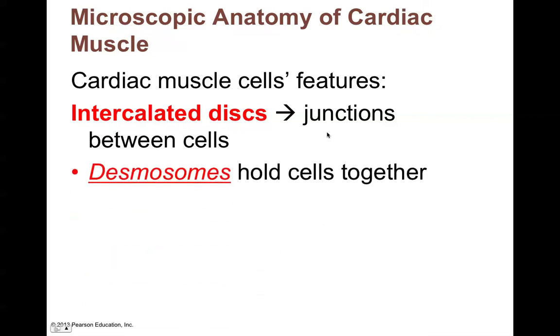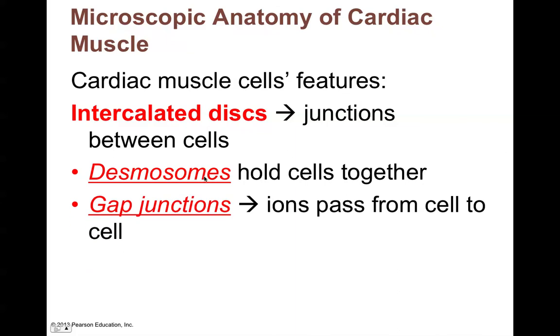There's desmosomes that actually hold the cells together, and gap junctions. So pretty much we identified intercalated discs as an area where the ions can pass from cell to cell. So this action potential can travel from cell to cell. This is not true with skeletal muscle.